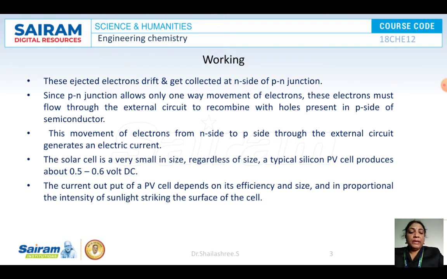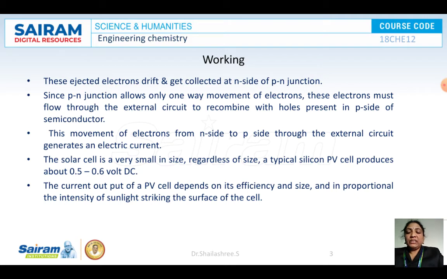The electrons drift and are collected at the N side of the PN junction, because the junction allows electrons to flow in one particular direction. These electrons flow through the external circuit and recombine with holes present on the P side of the semiconductor. In this way, as they move through the external circuit, the energy is stored in the battery, which can be utilized for domestic or industrial purposes.